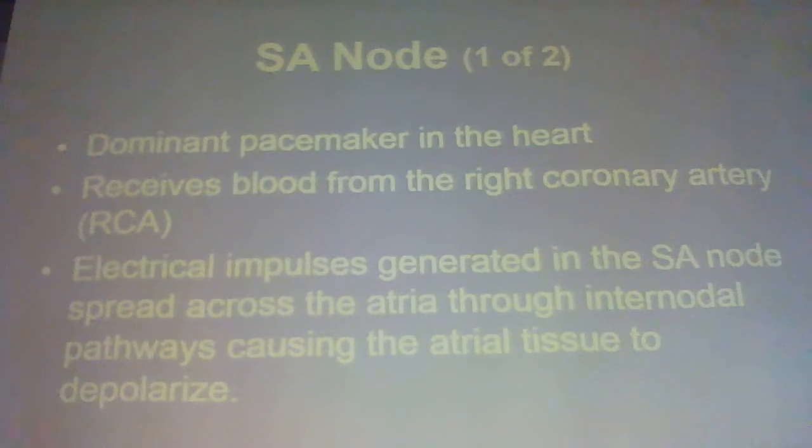Structural defects, like congenital heart defects. So things that are wrong with your heart structurally from birth can cause it. And can some drugs cause it? Beta blockers, calcium channel blockers, digitalis, amiodarone. All of those kinds of drugs can also cause heart blocks.